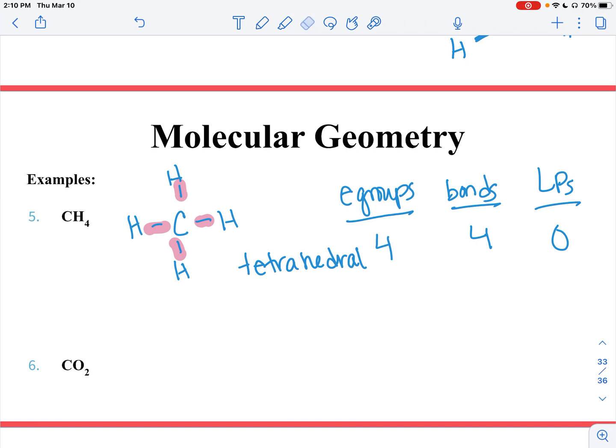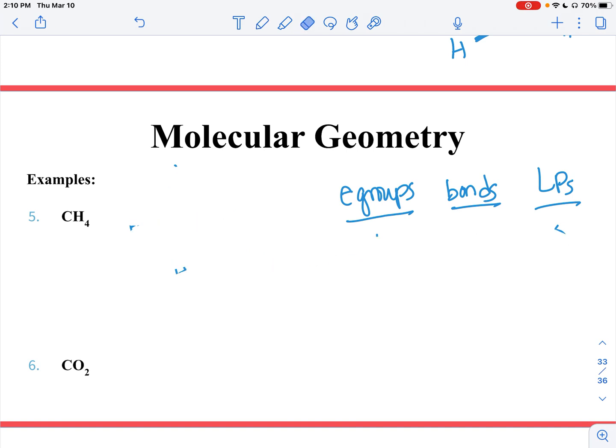And then the last one I want to do is CO2. We've done the Lewis structure for CO2, and we know that it looks like this. So around our central atom, we have these 2 double bonds. A double or triple bond counts as 1 electron domain and 1 bond group.